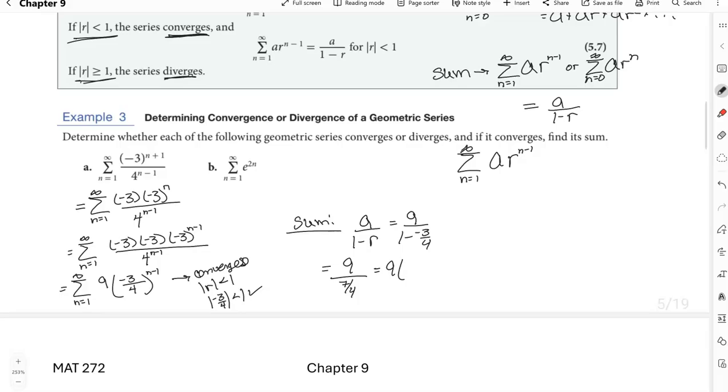Keep change flip. 9 divided by 7/4 is 9 times 4/7. So that sum is going to be 36 over 7. Clean up my notation. This is a 9 in the numerator, and then this is the letter A. So A over 1 minus R.